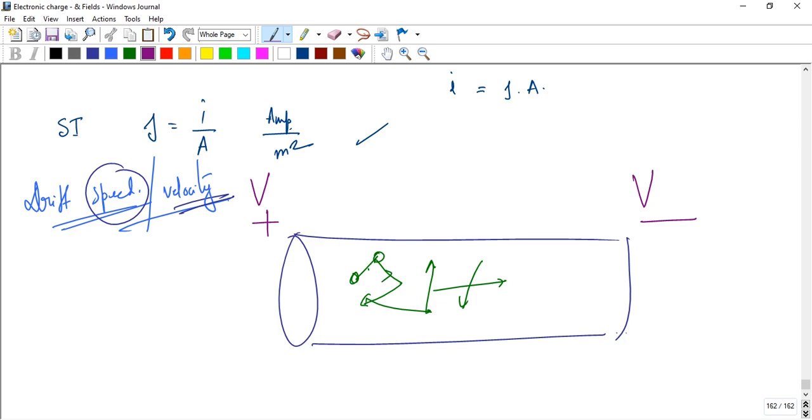Before applying the potential, the current is zero. After applying the potential, there is a drift, so the current is not equal to zero.